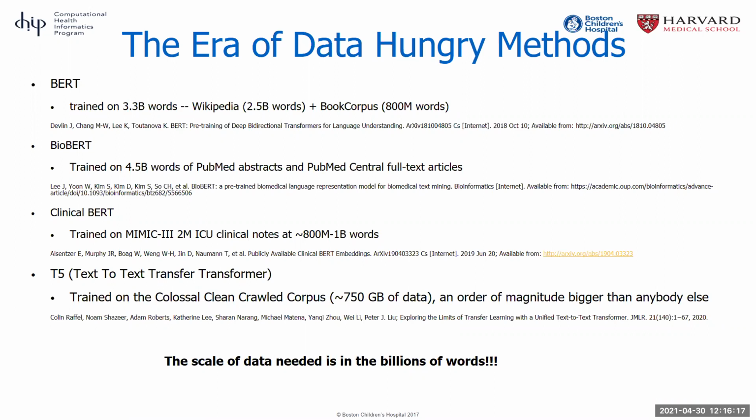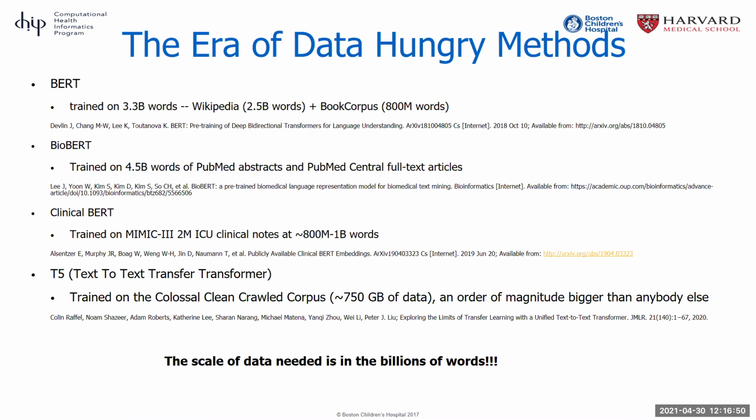What I would like to convey through this slide is that we are in the era of the data-hungry methods. Each of these models require billions and billions of words. So if we are thinking of building reusable, portable, and domain agnostic methods for clinical NLP and information extraction, we need a lot of data.